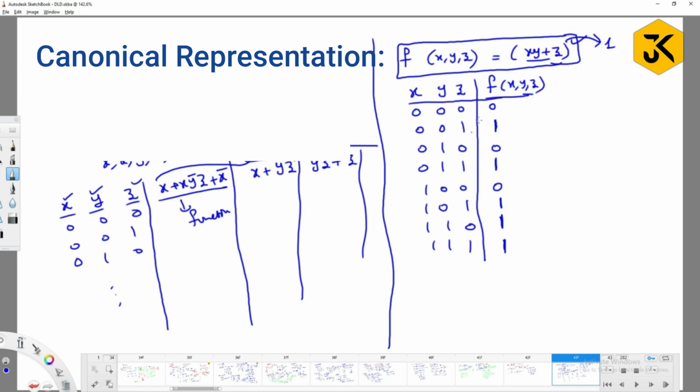Try to observe, try to substitute in this equation. You are going to get output, right? x y, 0 into 0 is 0, plus z, 1 is 1. So like this you are going to get the expression. So this is one kind of representation of the function.